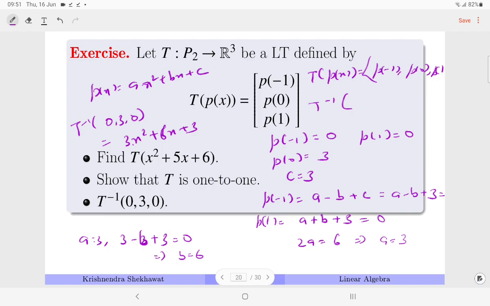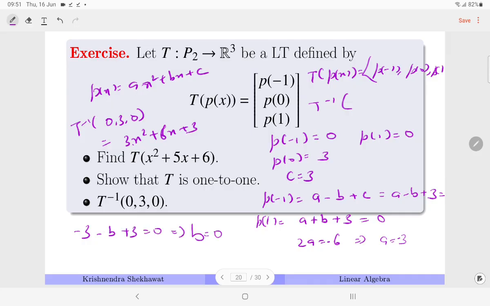a plus b plus 3 is equal to 0. When you add them, you get 2a plus 6. So 2a is equal to minus 6. That gives you a is equal to minus 3. Now substituting a is equal to minus 3, so minus 3 minus b plus 3 is equal to 0.